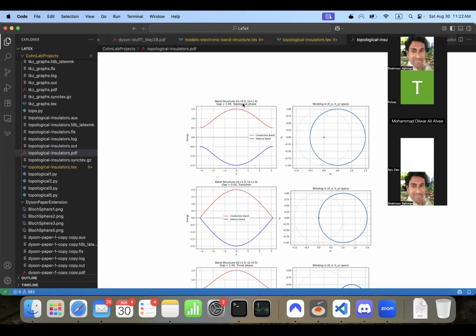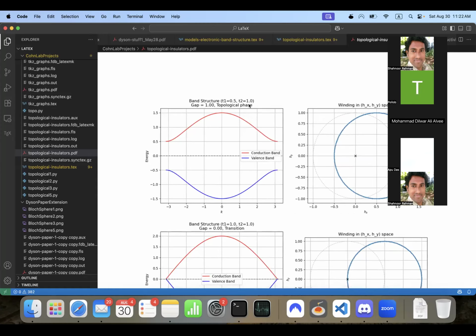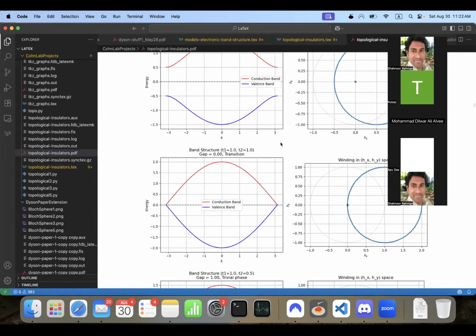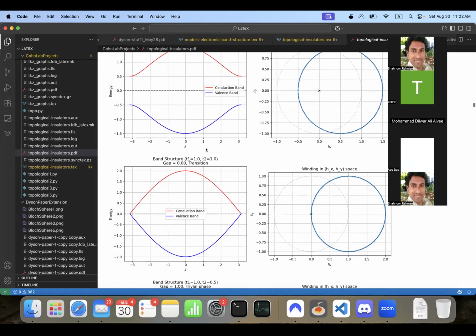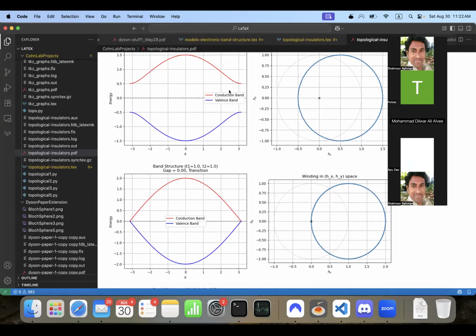All right, and we keep, you see, T1 here is 0.5, T2 is 0.1. So T1 is smaller, topological phase. And when they're equal, these two bands come closer, and the band gap closes here at T1 equals T2. And the origin of the coordinate system, 0, 0, is on the boundary of that circle.